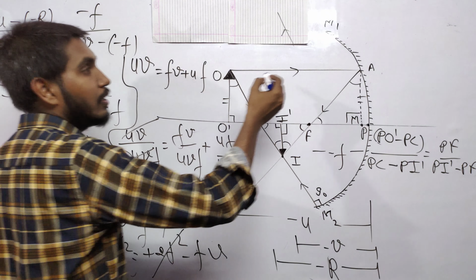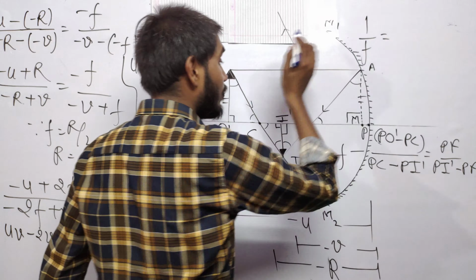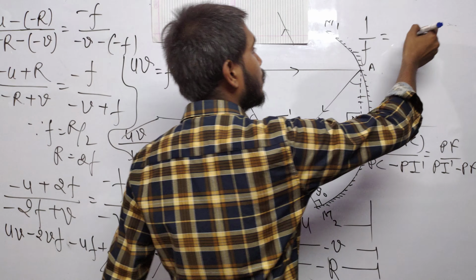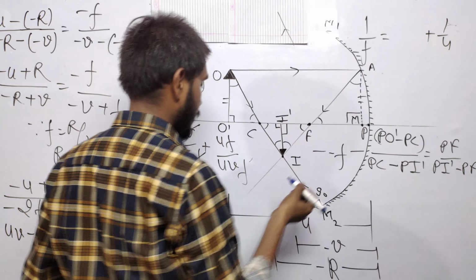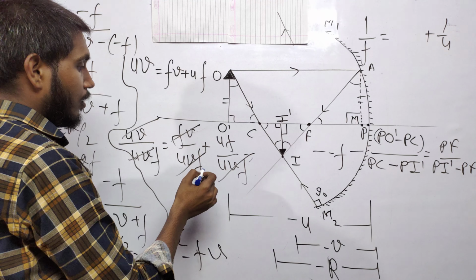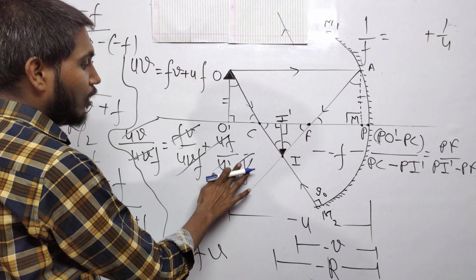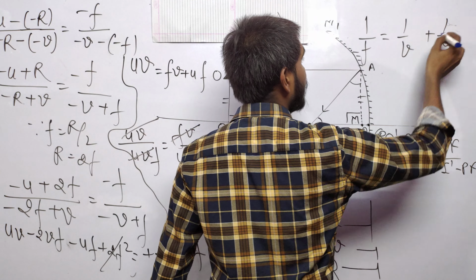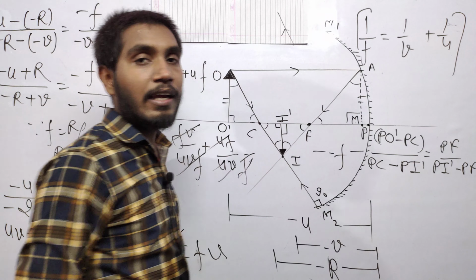Dear students, here remains 1 by F equals, beta, FV cancels out by FV, 1 by U plus, UF cancels out by UF, here remains V. 1 upon V, this is the mirror formula for the concave mirror.